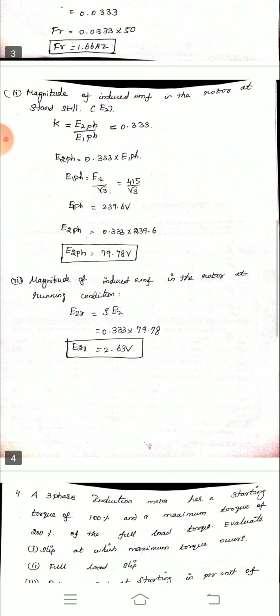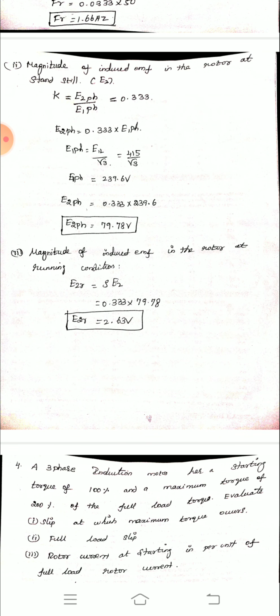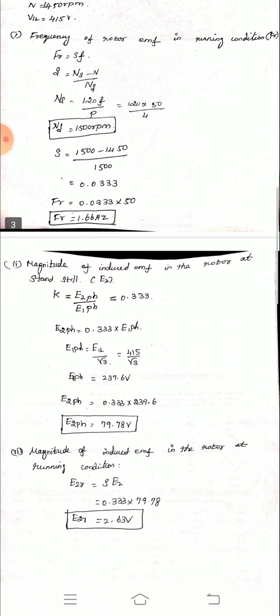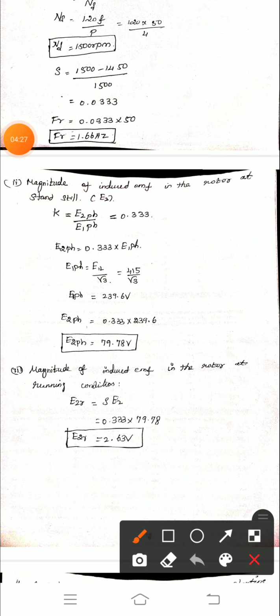Next we find the magnitude of induced EMF in the rotor at standstill. K is equal to E2 phase divided by E1 phase.